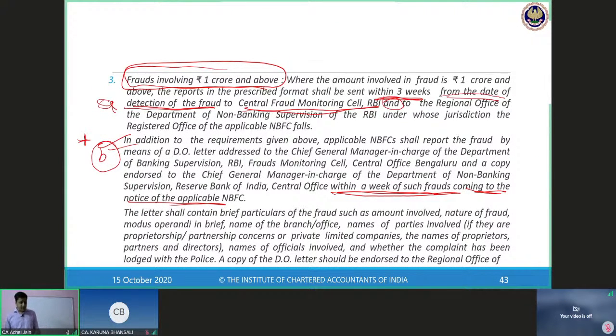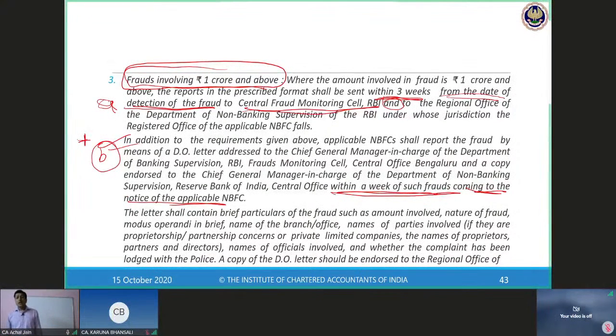So you can say a brief description of all of these things. If they are proprietorship, partnership concerns or private limited companies, names of proprietors, partners, directors, names of the officials involved, and whether the complaint has been lodged with the police. This is also required to be done.